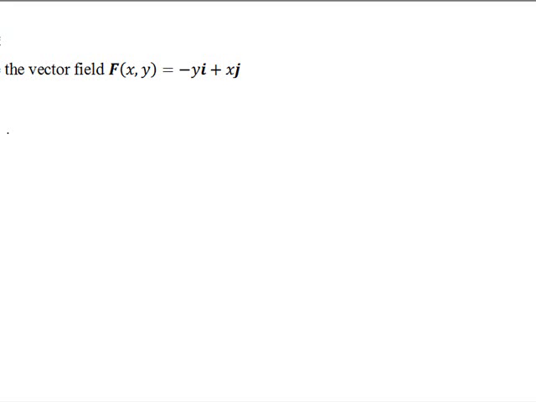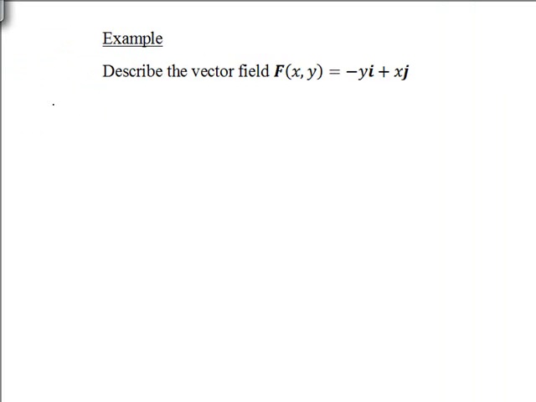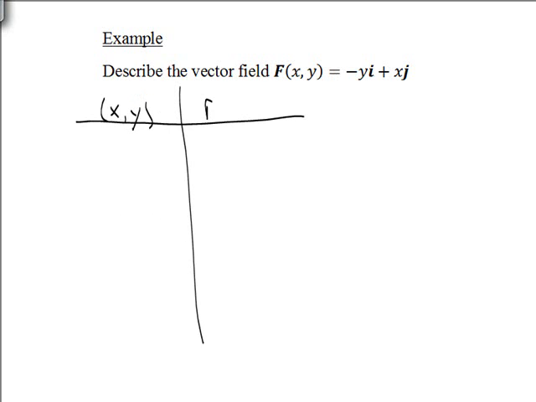So let us draw. Let me put up a table of values. So x, y and the vector field F of x, y. Okay? And as I said, I'm just going to do a few points. So I'm going to look at 0, 0.